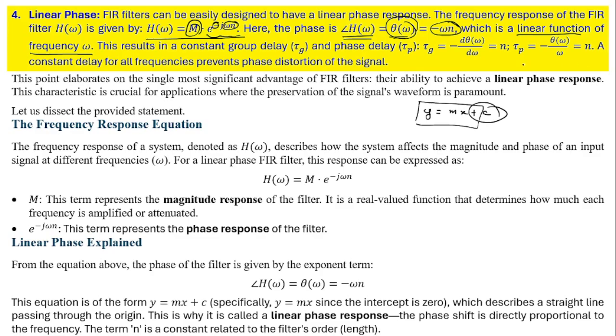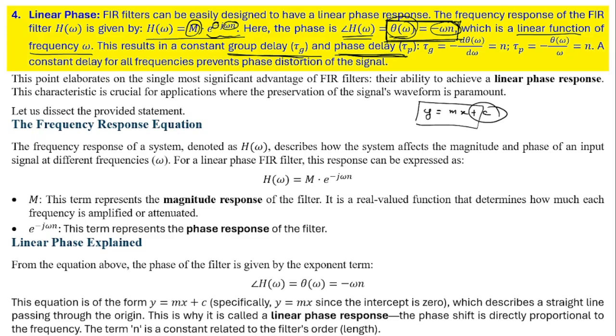Due to this relationship, we get two parameters. The first parameter is the group delay, and the second parameter is the phase delay. Phase delay is all about the delay among the singular frequency components.